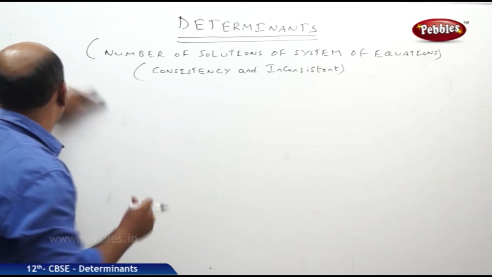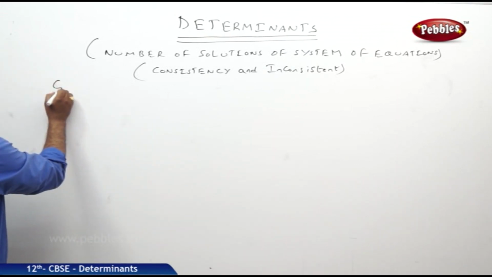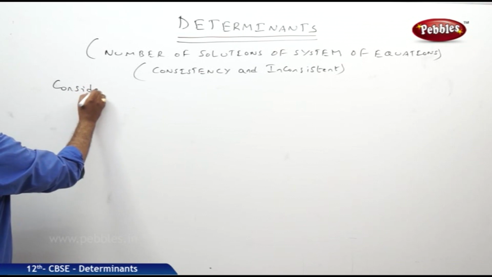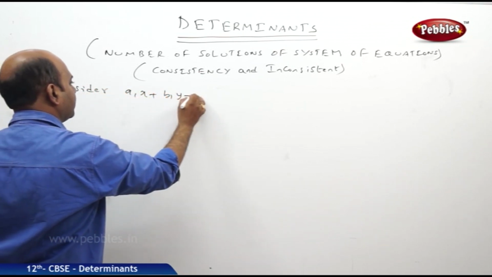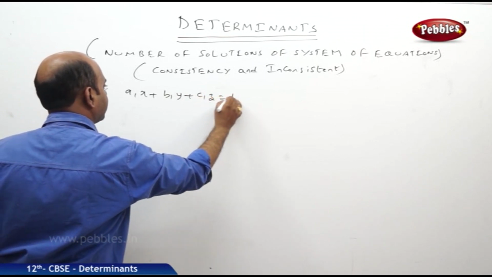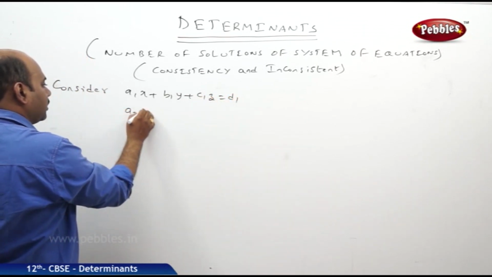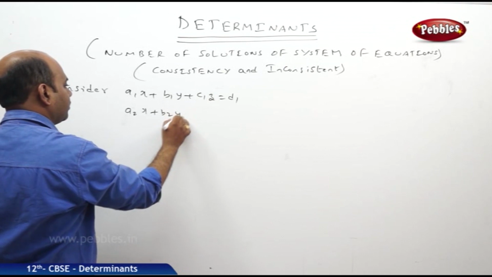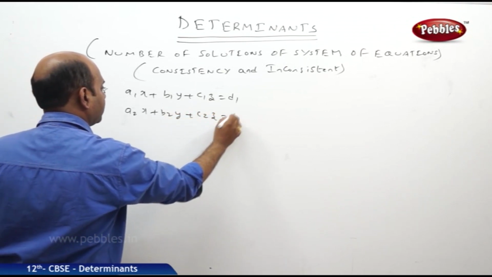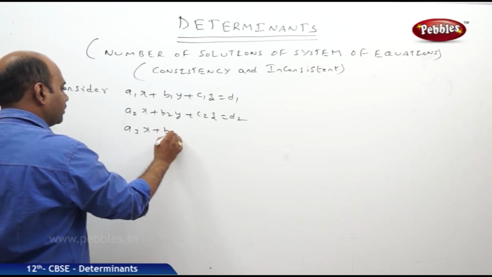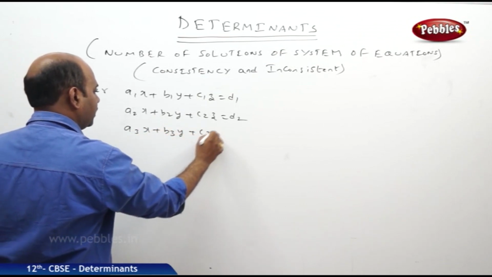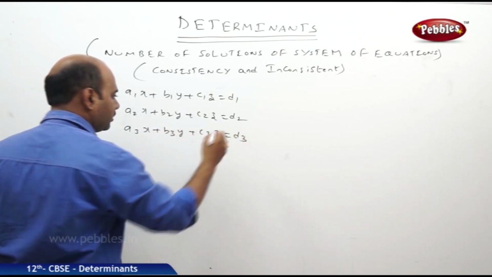For this, I will consider the system of equations a1x plus b1y plus c1z equal to d1, a2x plus b2y plus c2z equal to d2, and a3x plus b3y plus c3z equal to d3.